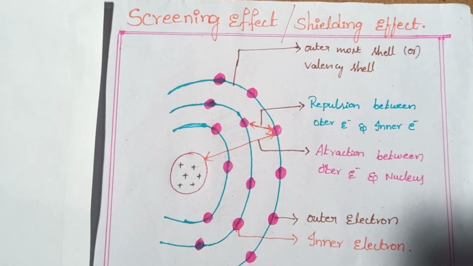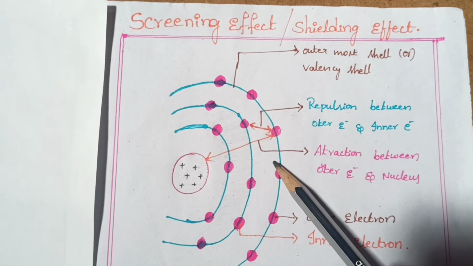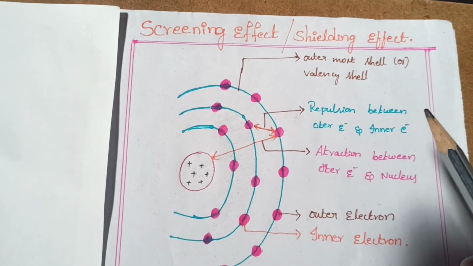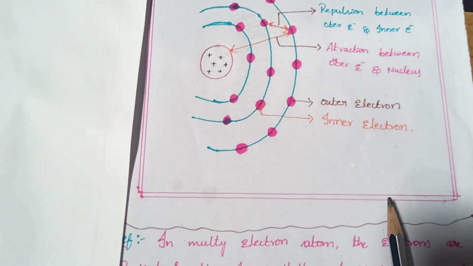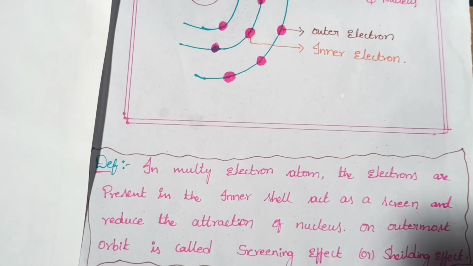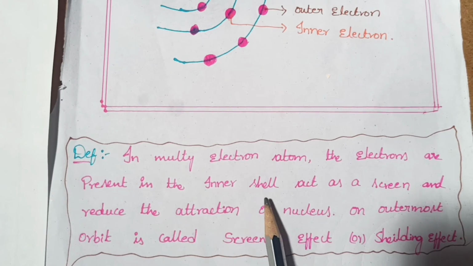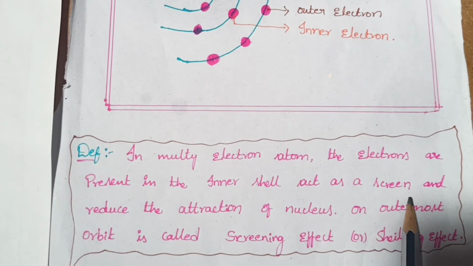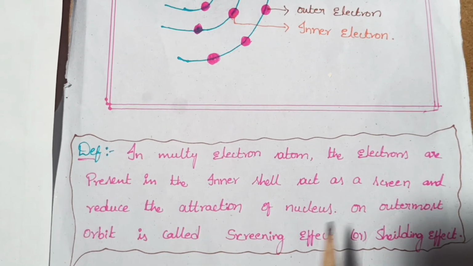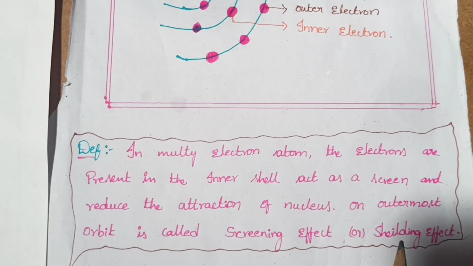For your easy understanding, I gave a small example. If you understand, nothing will happen, otherwise I will give one definition. See, that is one definition. In a multi-electron atom, the electrons present in the inner shell act as a screen and reduce the attraction of the nucleus on the outermost orbit, and this is called the screening effect or shielding effect.